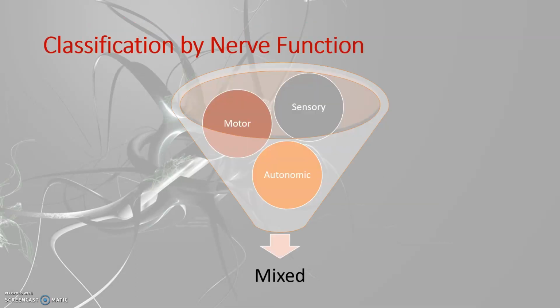So we can classify neuropathies according to which nerve is mostly affected. It might be primarily motor neuropathy. Many of them have a sensory component or are pure sensory neuropathies. And then we have some peripheral neuropathies that affect the autonomic nervous system primarily.